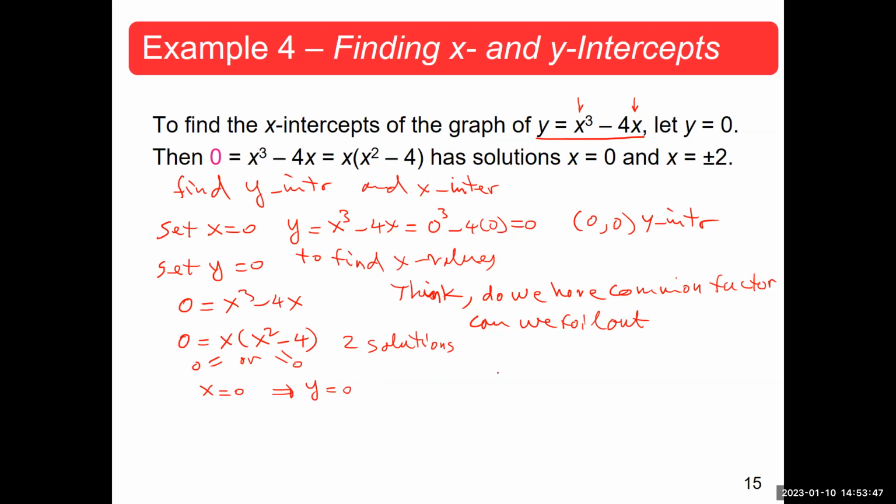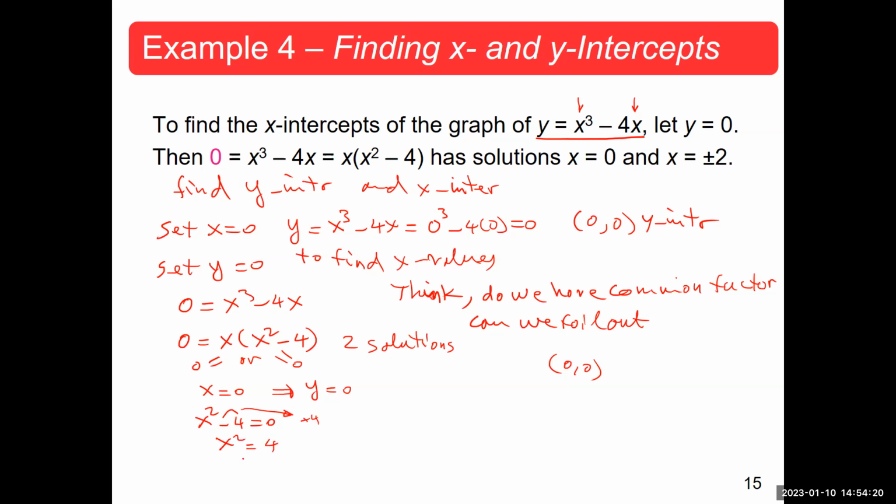So the first point is (0, 0). Now take the second part, x squared minus 4 equals 0. Always try to move the negative side to get it positive. It becomes positive 4. So x squared equals 4.